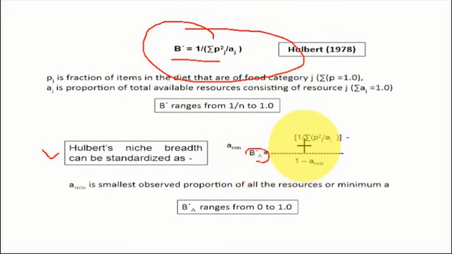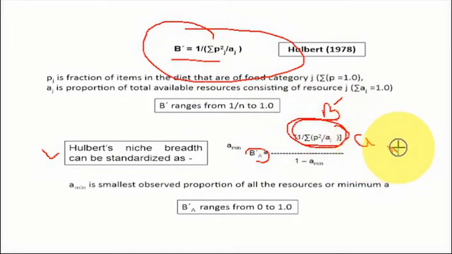You can find here the expression: B dash A is B minus A min, means the minimum of A, divided by 1 minus A min. And when you do this, it becomes within the 0 to 1.0 range. Literally, you may not find any difference between B and B dash A, but just to put it within the range of 0 to 1.0, we need to convert it to B dash A.